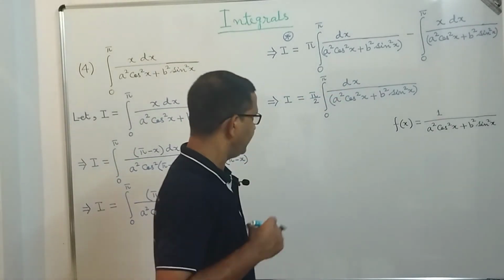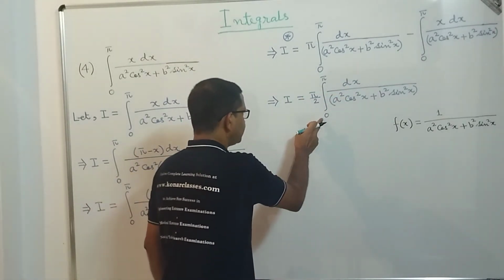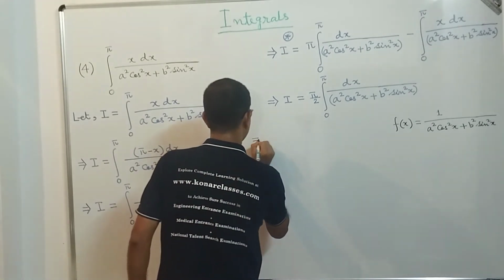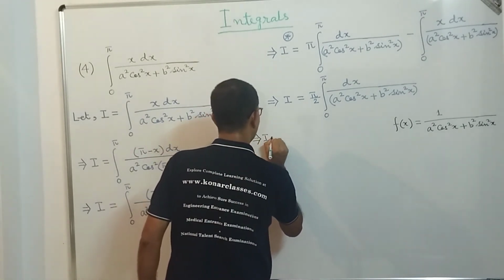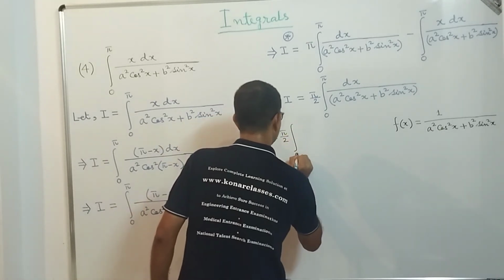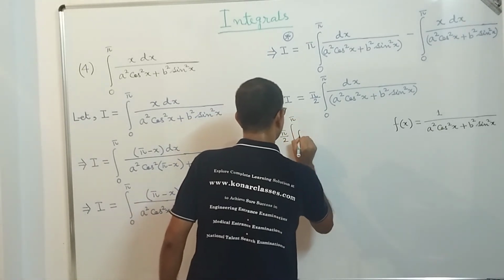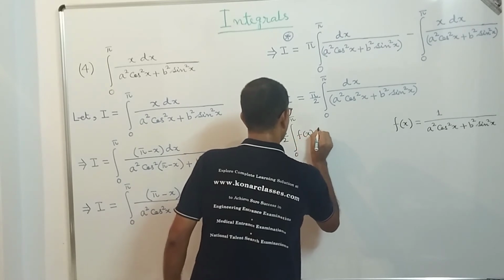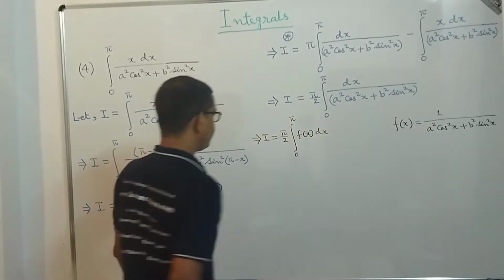Correct or not? So we can write here, this implies we are going to find the value of I is equal to pi by 2 integration 0 to pi fx dx, where fx is this.